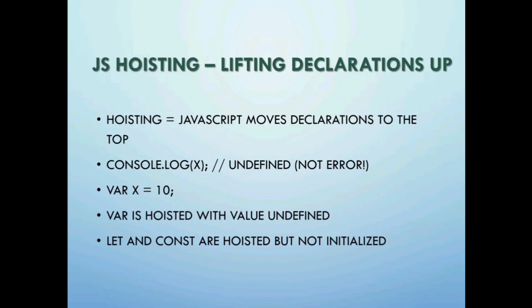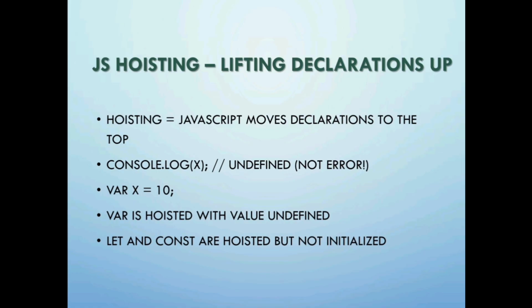Next we will see JS hoisting. Hoisting is nothing but JavaScript moving declarations to the top. Here I am taking an example: first I am declaring a variable x, next I am initializing the variable x with value 10.